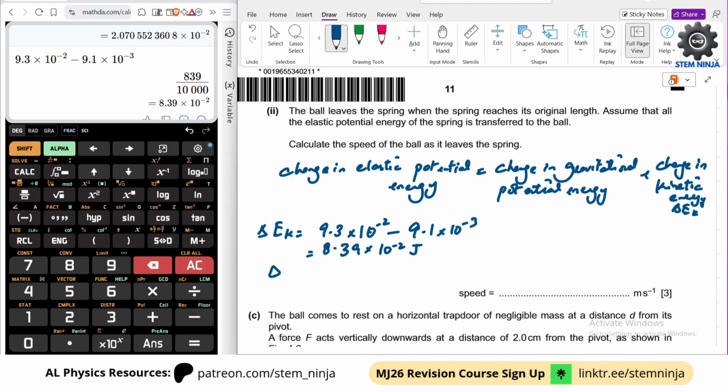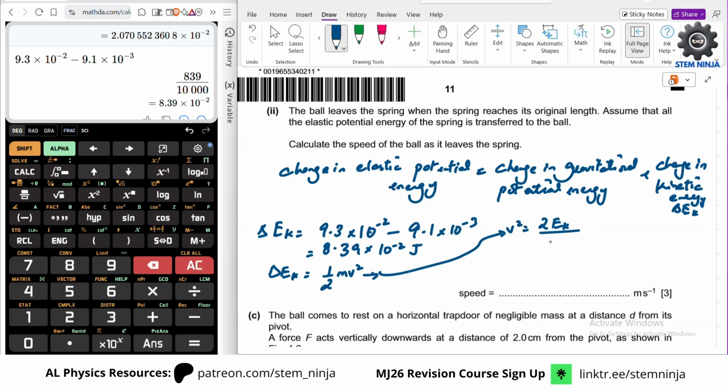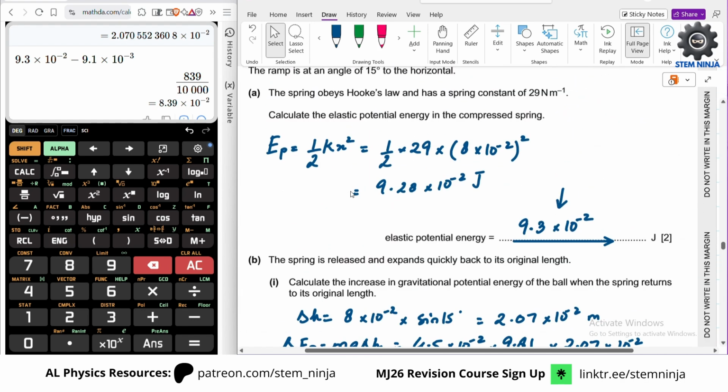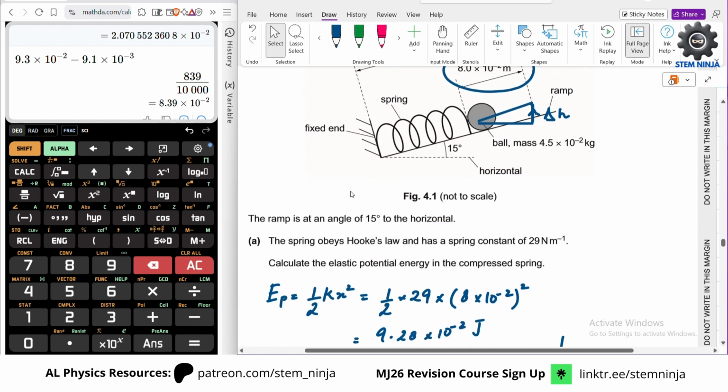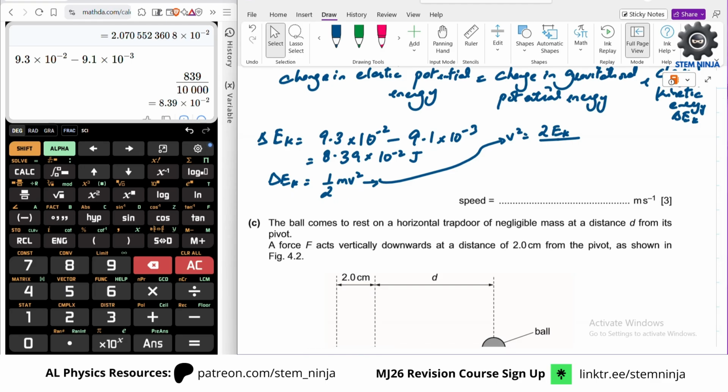Now delta EK is also equal to half mv squared. Therefore v squared would be 2 times the EK change divided by the mass, which is 4.5 times 10 raised to the power minus 2.